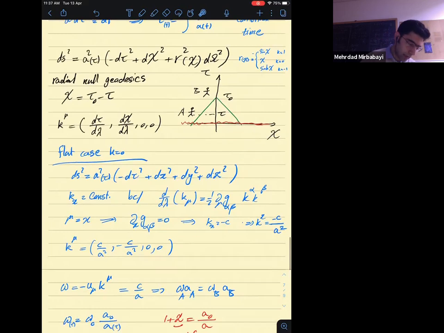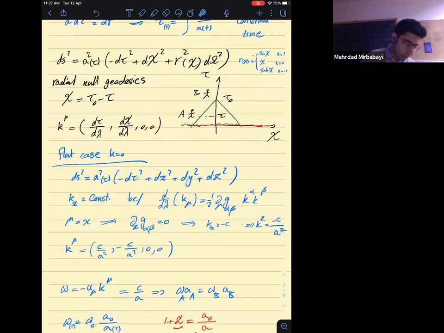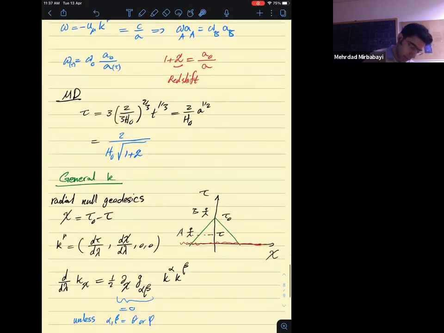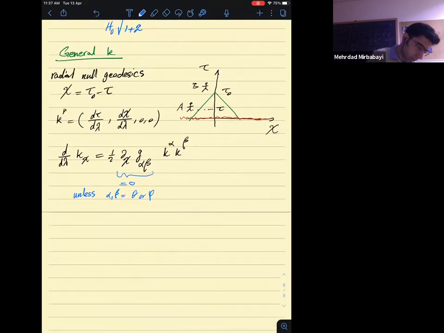But on the other hand, only tau and chi components of k mu are non-zero. So if we look at the second factor, this is equal to 0 unless alpha and beta are equal to tau or chi.